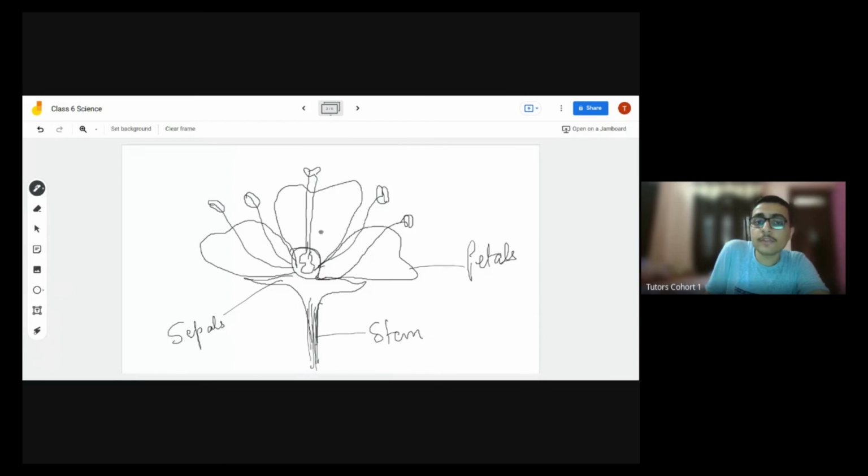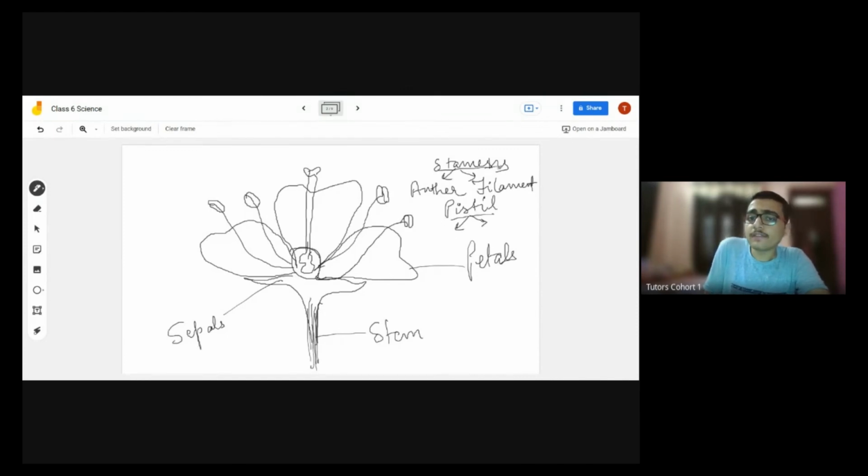So as I said, there are two more parts, stamens and pistil. Stamens contain two more parts, anther and filament. You might be new to these terms if you are entering class 6, or you might know these terms if you have completed class 6 and are moving to class 7.